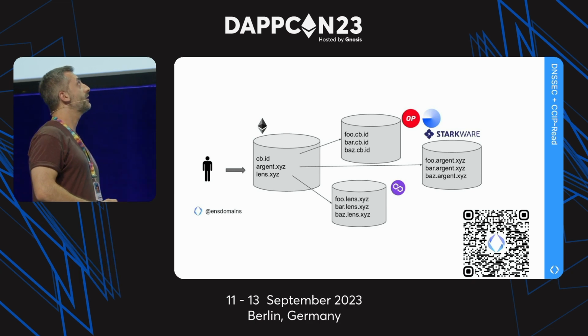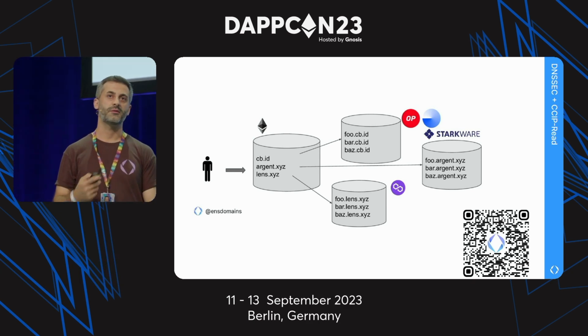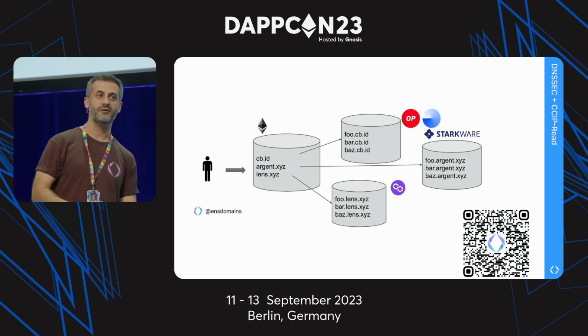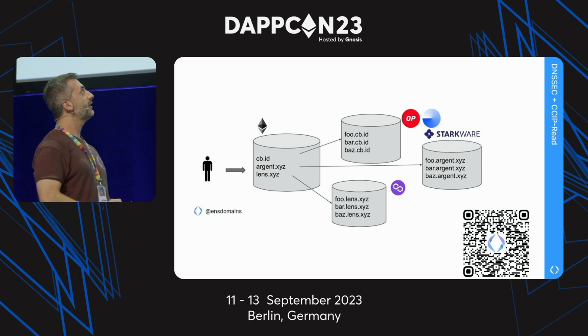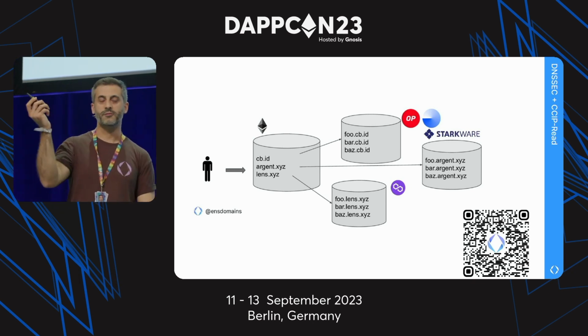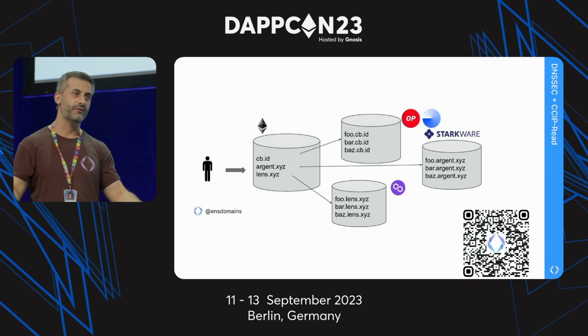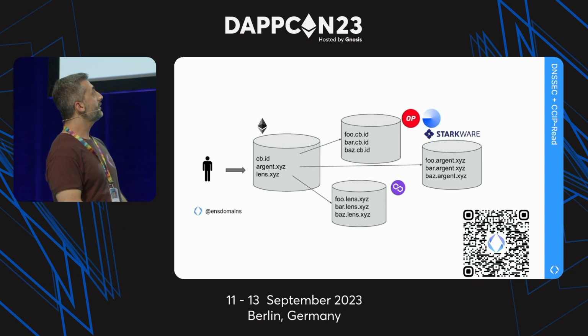Argent was one of the first companies providing handles for ENS users. But they were doing it on-chain, and right after the gas prices went high, they just had to stop giving out the handles, so it was super hard for them.